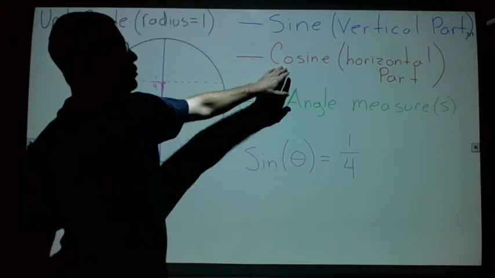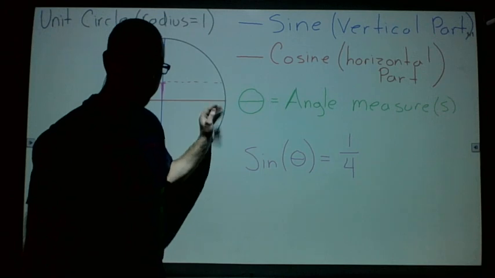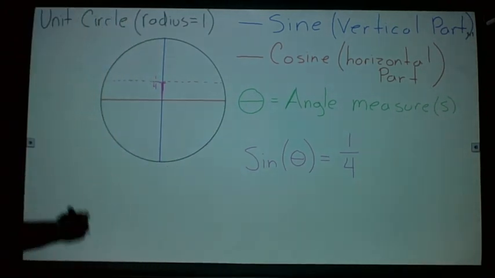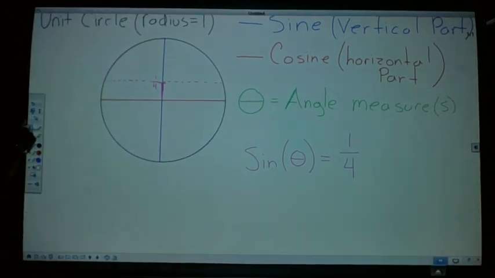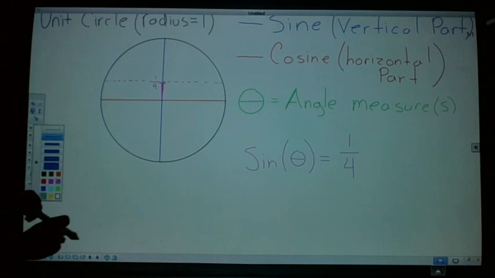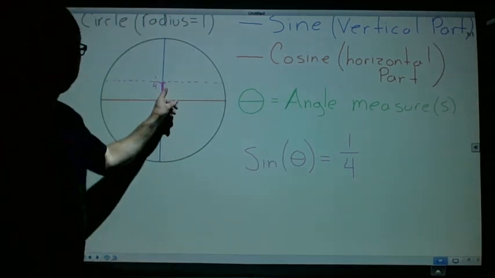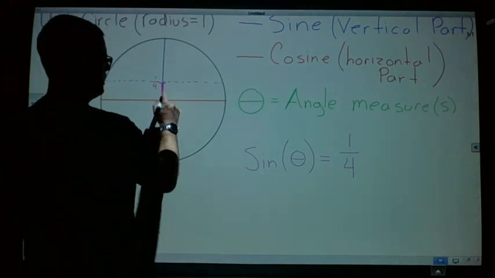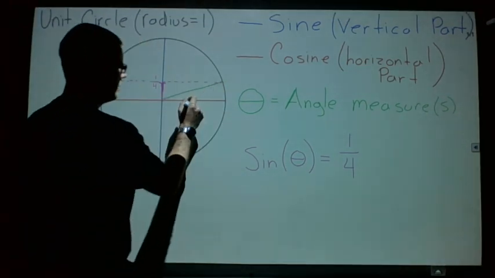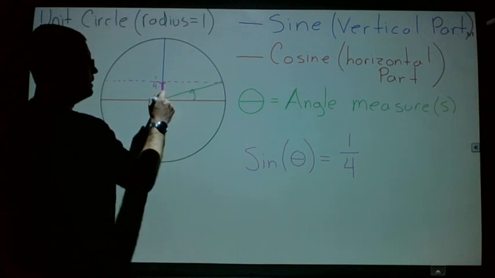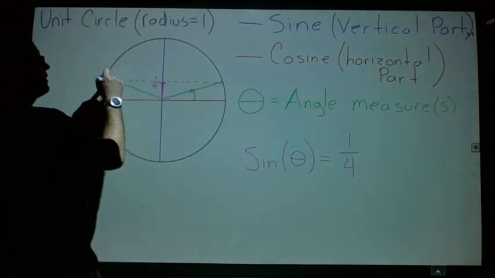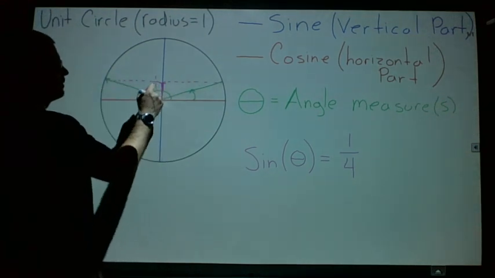If it's cosine, I would do a vertical line. Now, I can imagine the angles whose vertical part would be 1/4 by connecting them. There's one, but there's this other one over here in the second quadrant.